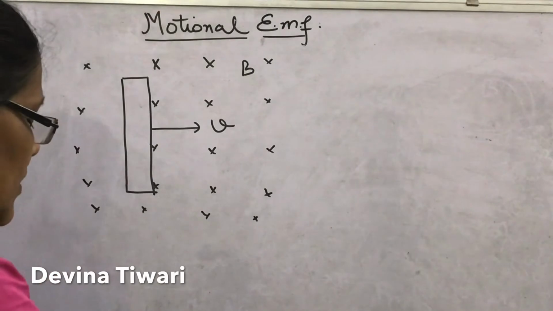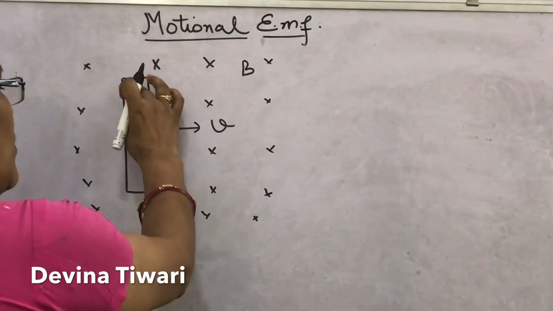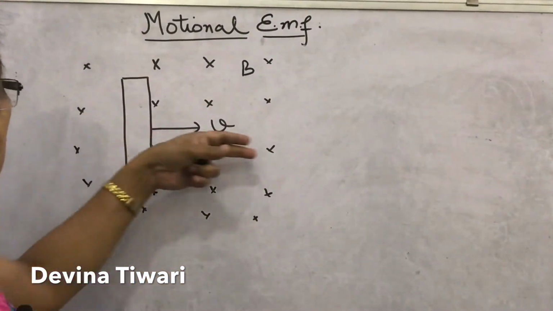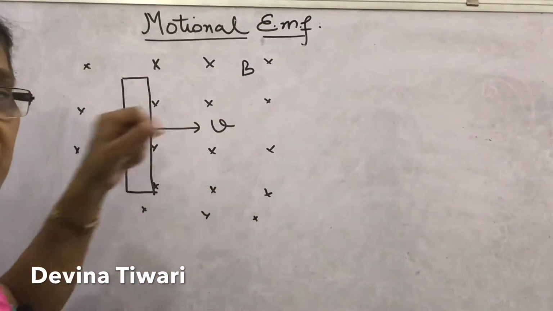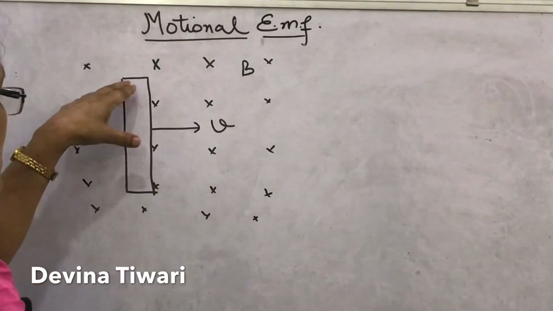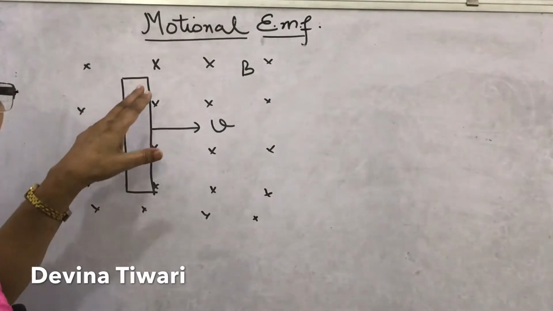Downward. So we can say that all the free electrons moving along with the rod from left to right will experience the Lorentz force in the downward direction, and positive charges upward.